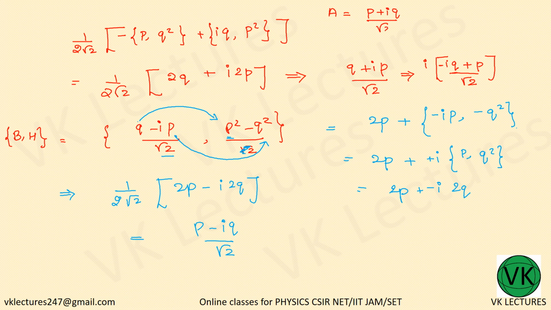Now what is A star? A star is equal to p minus iq by root 2, that is the complex conjugate.